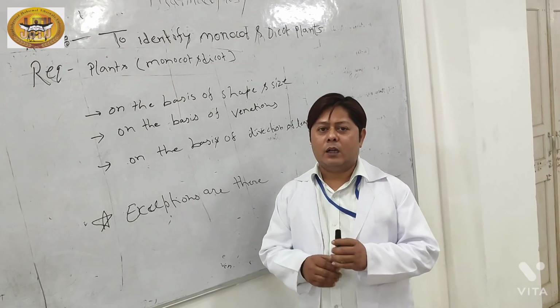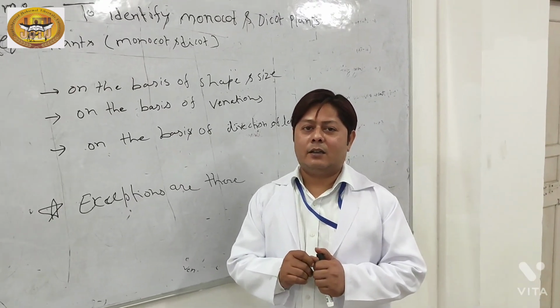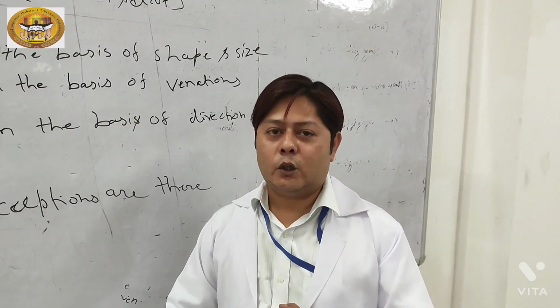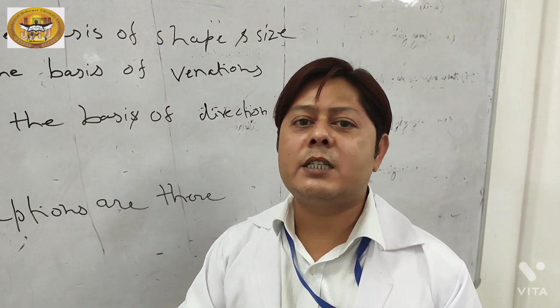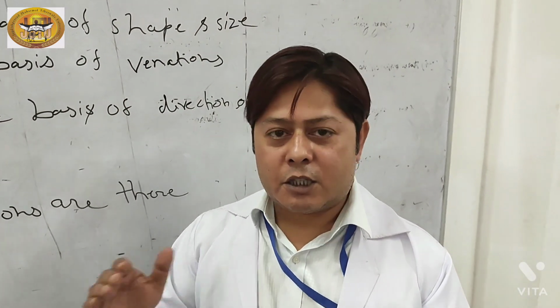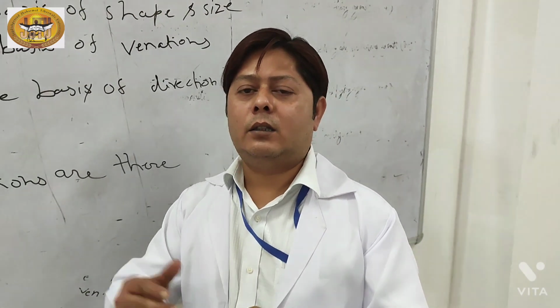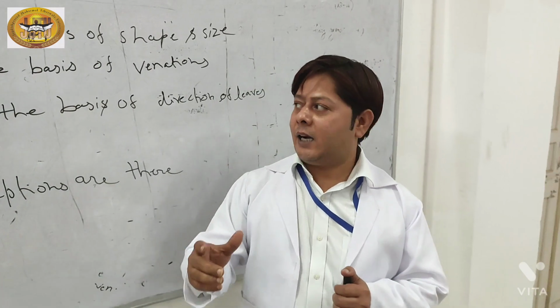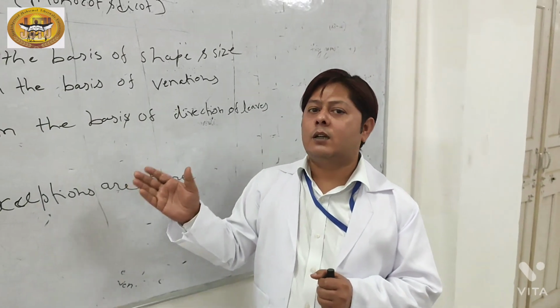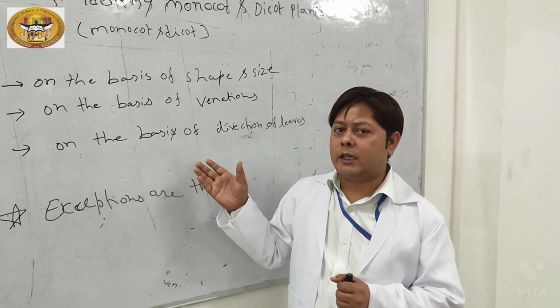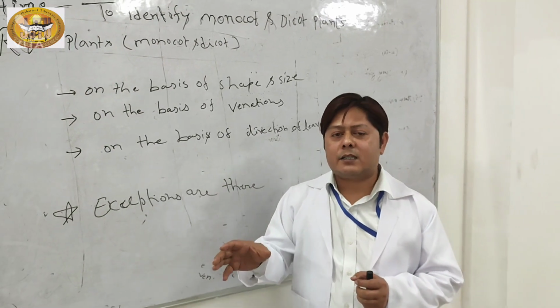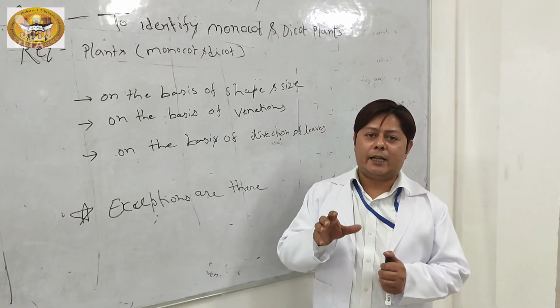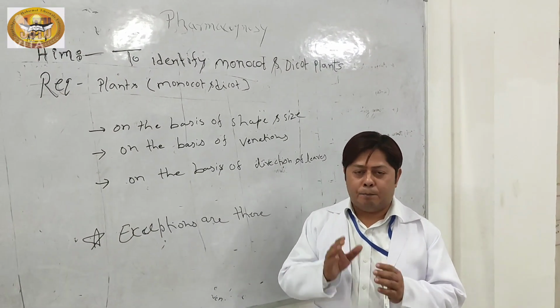For example, grass is a herb. Mostly all herbs are monocot plants. With shrubs there are some exceptions, like rose plants. Rose plants have different criteria. If you see the leaves and all that, there are different criteria to understand whether it is a dicot plant or monocot plant.